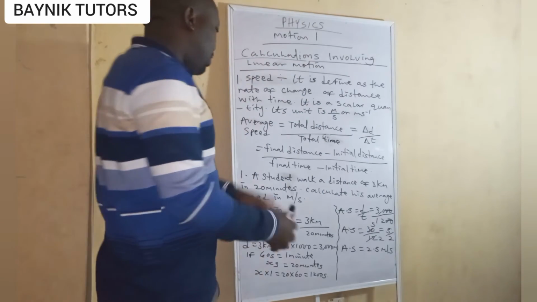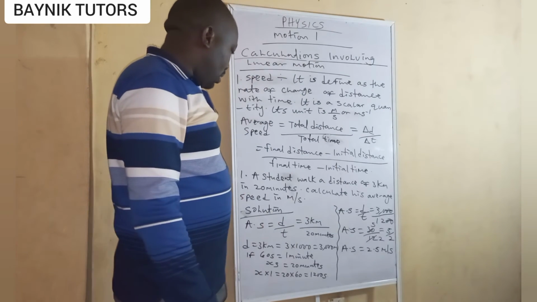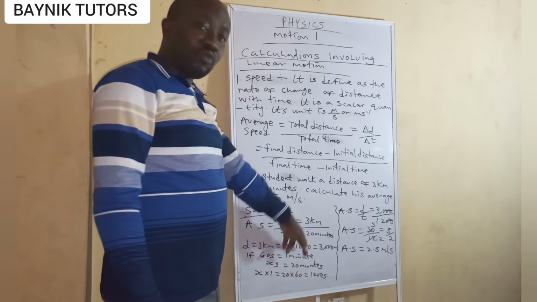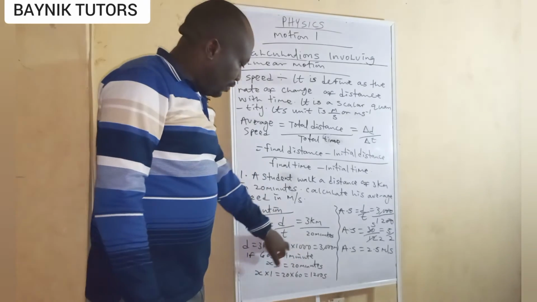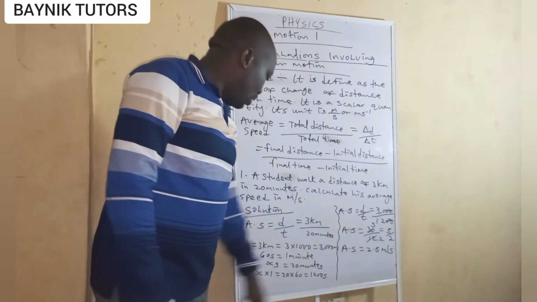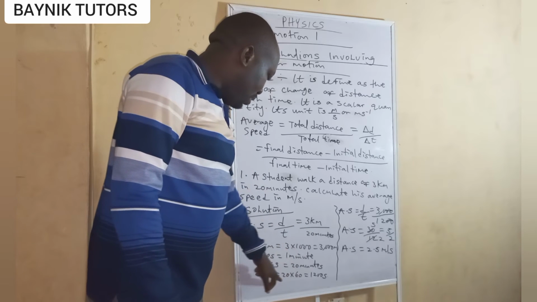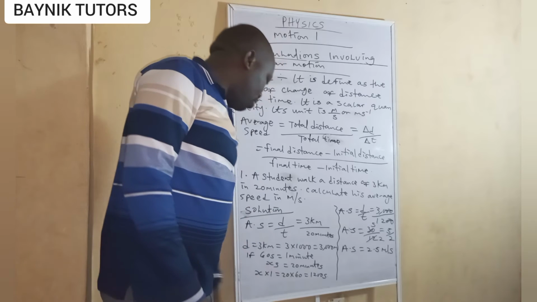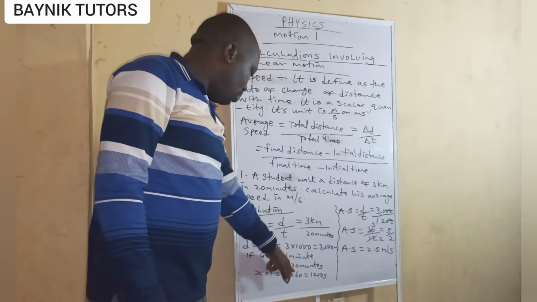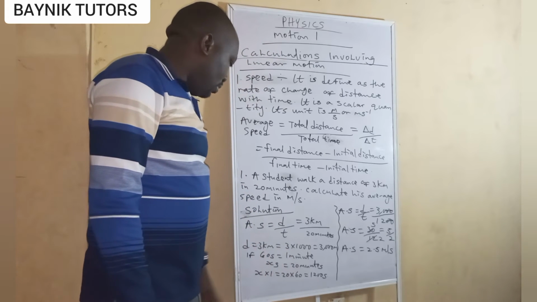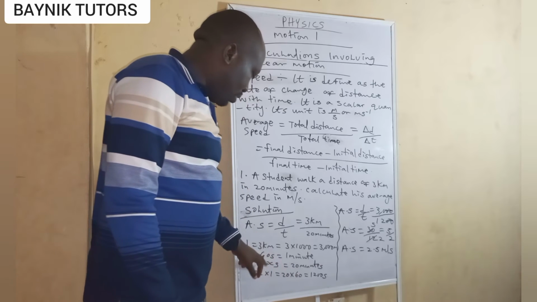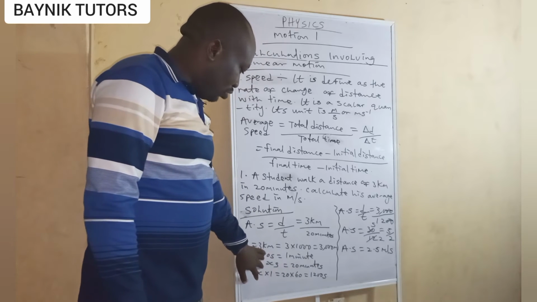So from here, we converted our distance of 3 kilometers by multiplying by 1000, where we have 3 times 1000, 3000 meters. In terms of the time, we multiply 20 minutes by 60. That was 1200 seconds, because 60 seconds is 1 minute, so 20 minutes will be 20 times 60. We just cross multiply, placing the same quantities beside each other.